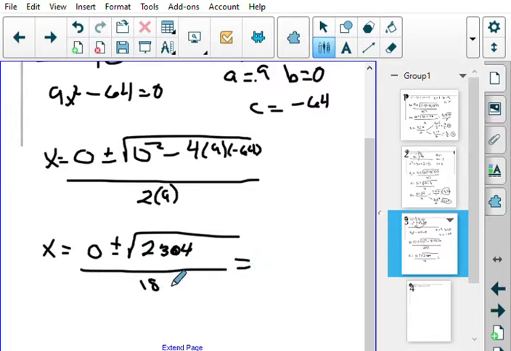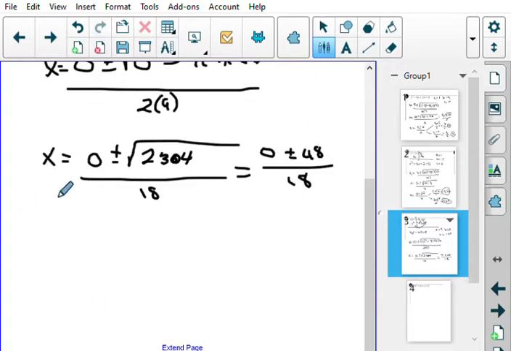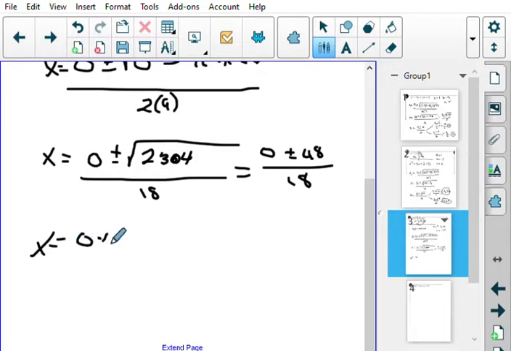Now we can check to see if 2,304 is a perfect square by doing the square root of 2,304, and it gives us 48. So we can reduce this to 0 plus or minus 48 over 18. So we have two answers here. The first x is 0 plus 48 over 18.